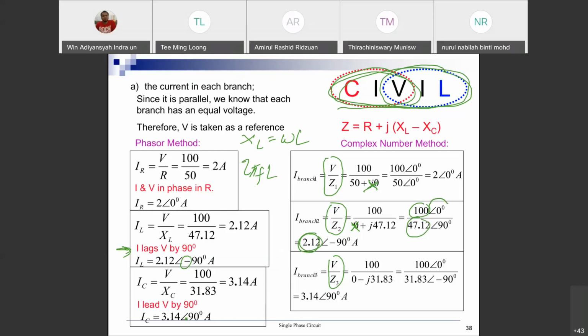Because in phasors, if this is division, that means you have to subtract. That means 0 degrees minus 90 degrees equal to minus 90 degrees.